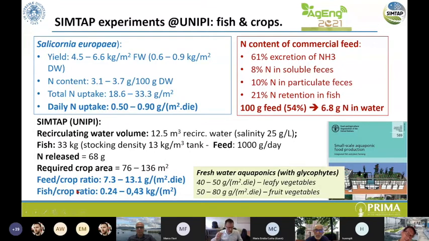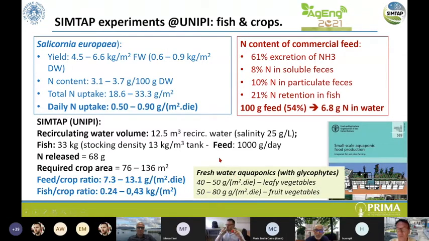And at the same time, we should calculate the fish crop ratio, that is 0.25 to 0.45 kilos per square meter. And compared to freshwater aquaponics, you can see that the feed crop ratio is quite lower than in freshwater aquaponics.